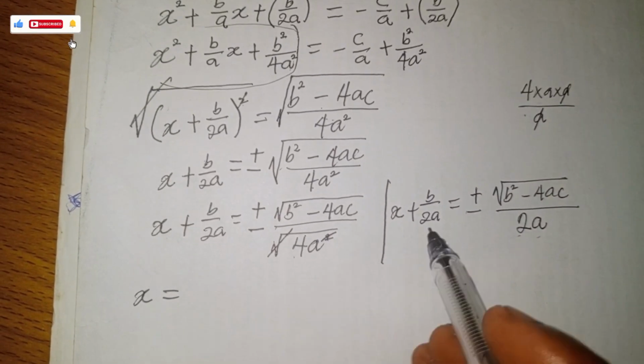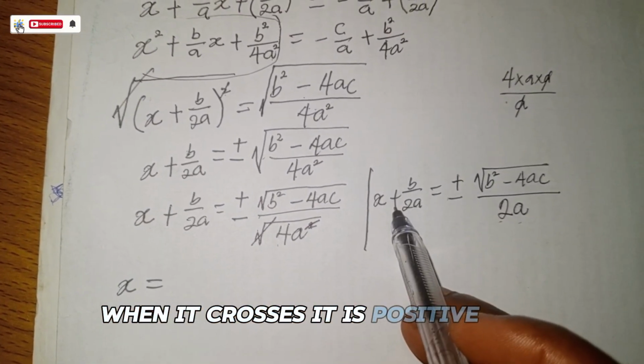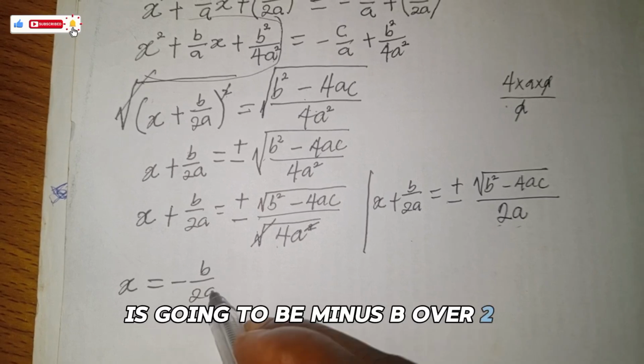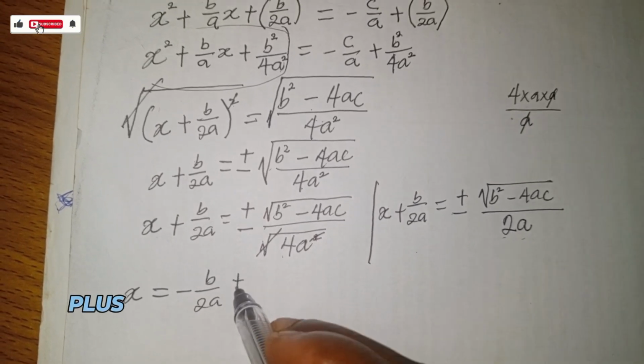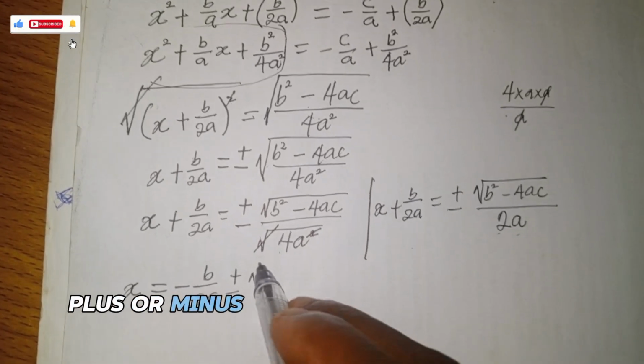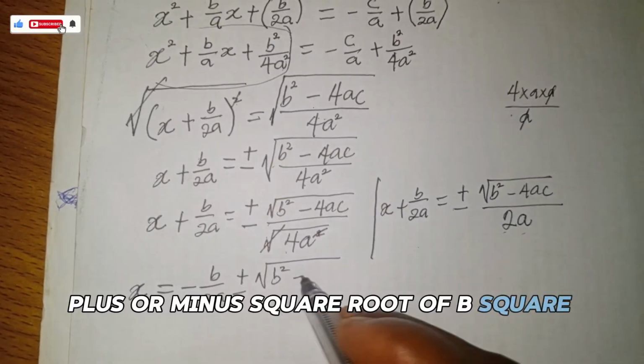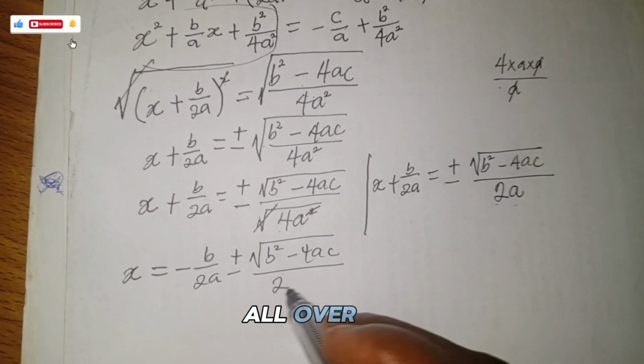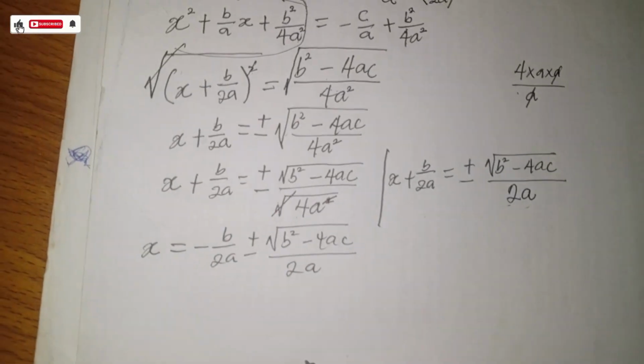When it crosses, it becomes minus b over 2a, plus or minus the square root of b squared minus 4ac all over 2a.